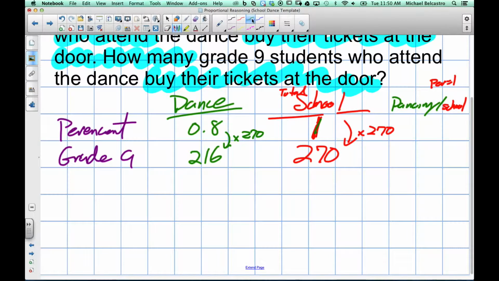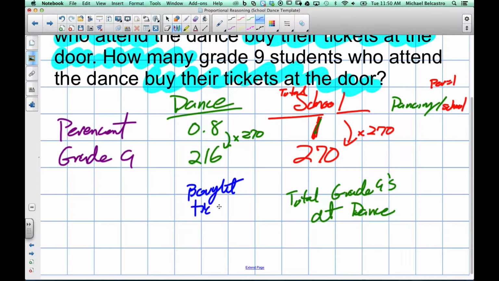Okay, so we have total students at dance. So total, technically grade 9s at dance, and then bought tickets at door. Tickets at door.